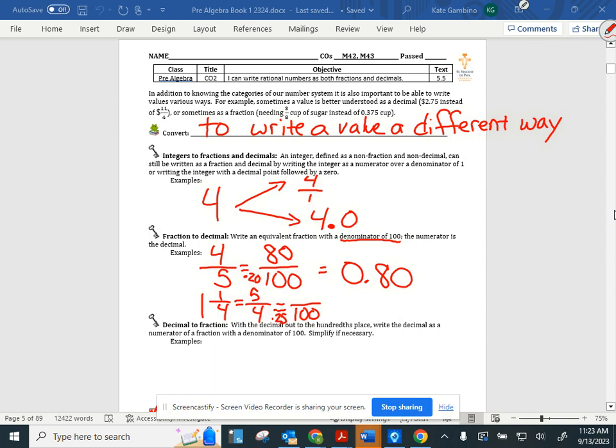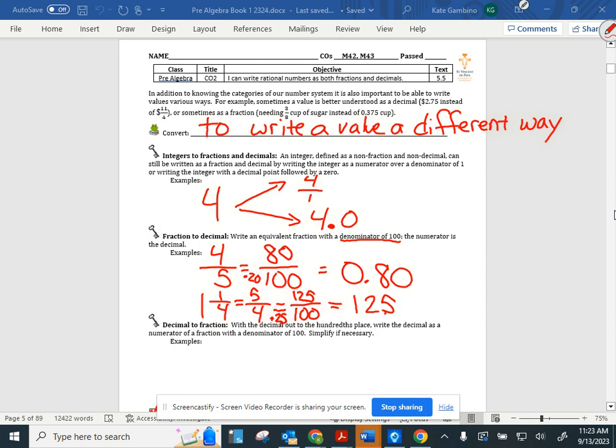So if I multiply 4 by 25, now I need to do 5 times 25, which would be what? Kaylin? 125. So I have 125 hundredths. How do I turn that into a decimal? 125 hundredths. Lauren? 1.25. Because I have that 125, but it's hundredths.